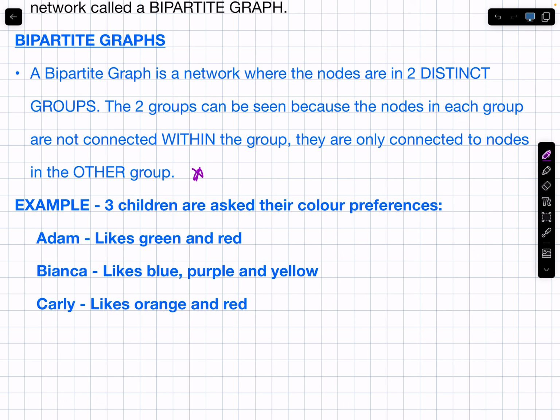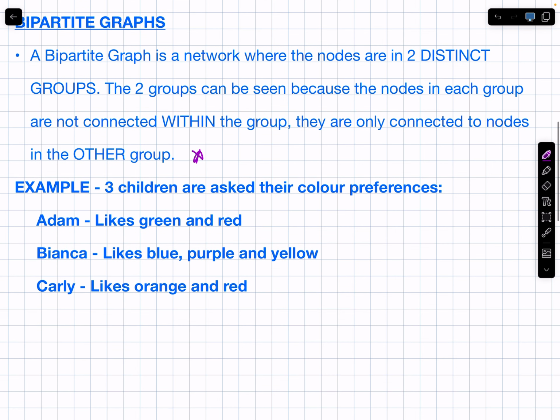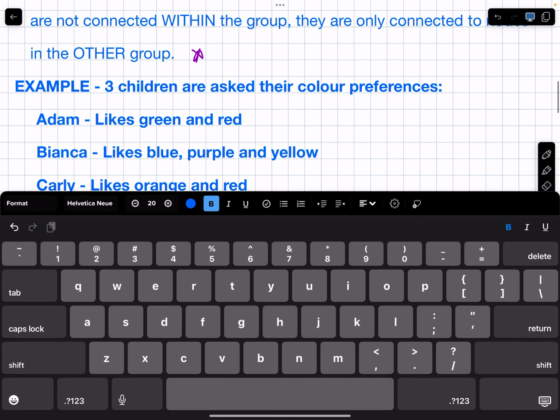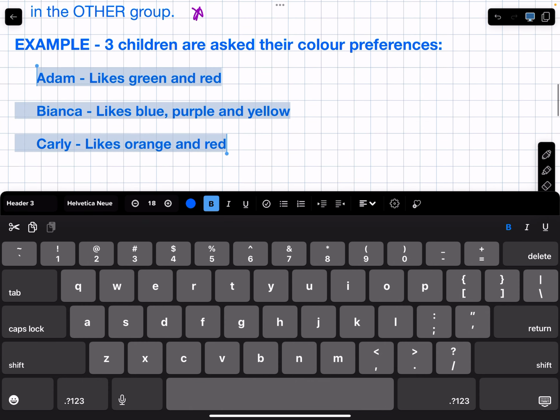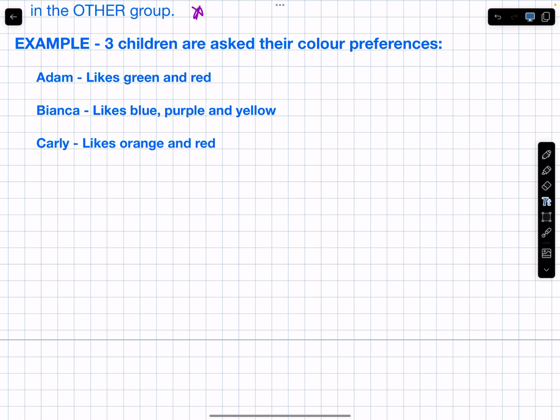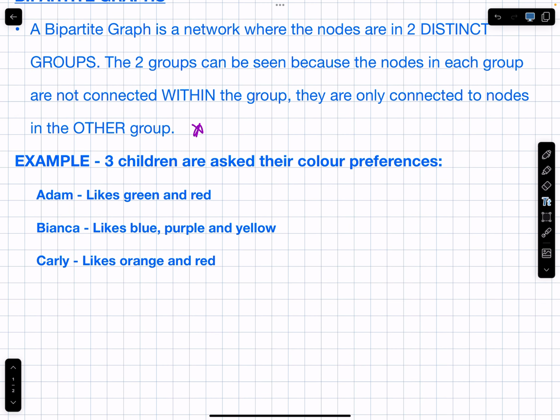It's a network where the nodes are in two groups, and they can be used to represent anything. Get the example down as well, and I'll draw the graph for you.